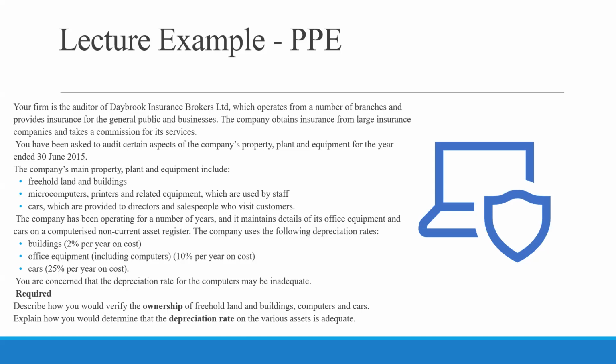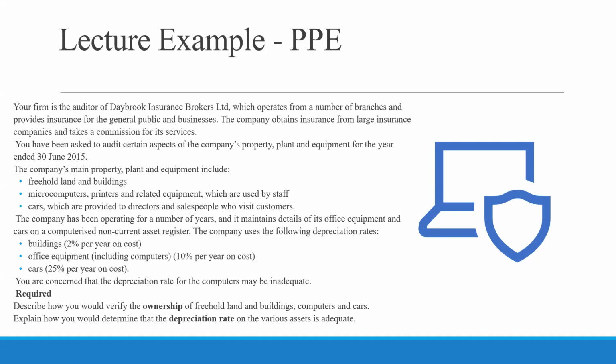What about the car? 25% on cost. I think cars would potentially have a longer useful life than 4 years, so maybe it could be too high. How about the others? Do you agree with Anthony's opinion? So I think for cars, 4 or 5 years useful life in accounting is acceptable, right?